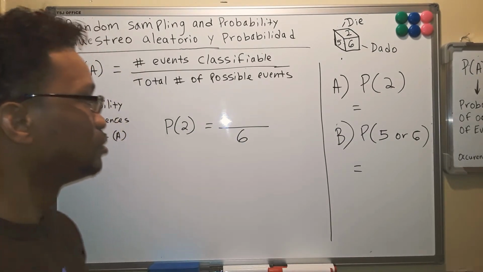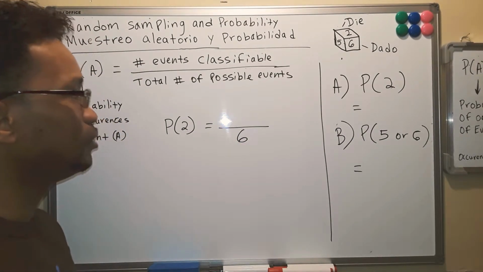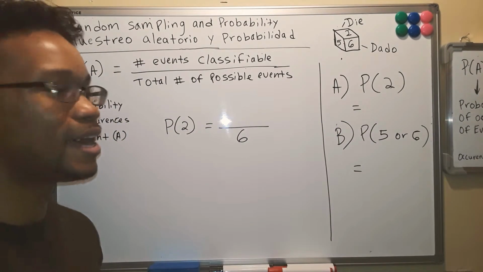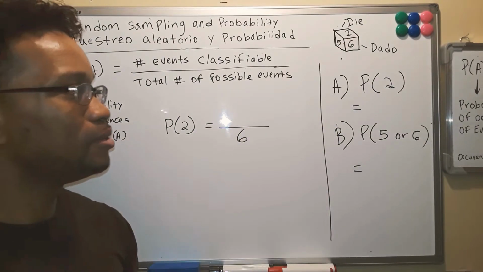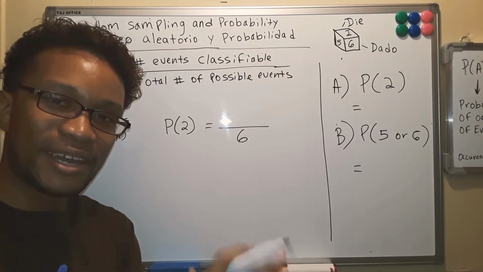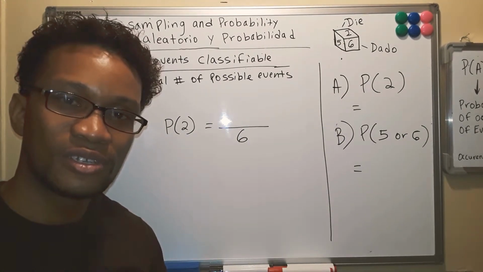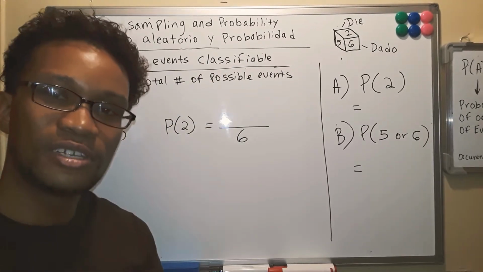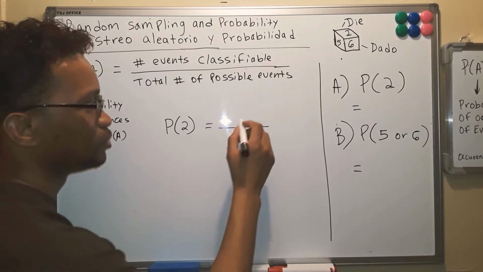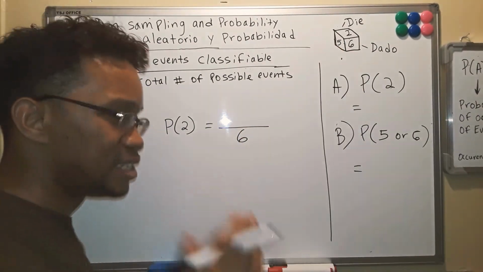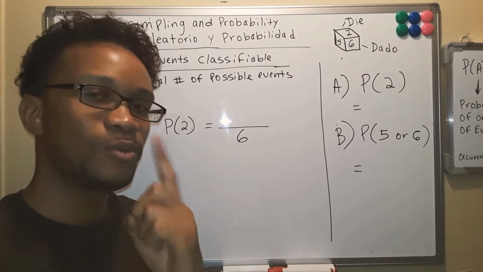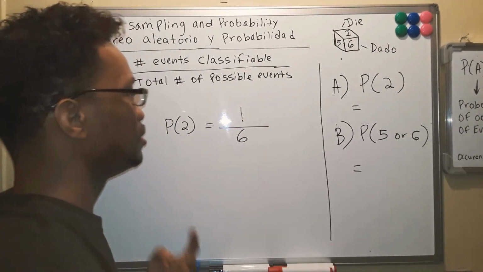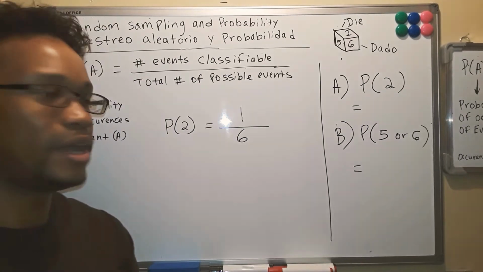Sencillo, right? The top part is the number of events. So for A, he says, what is the probability that when I roll that die, a 2 is faced on top? Since it's the numbers 1 through 6, there's only one 2, so there's only one way that could occur.